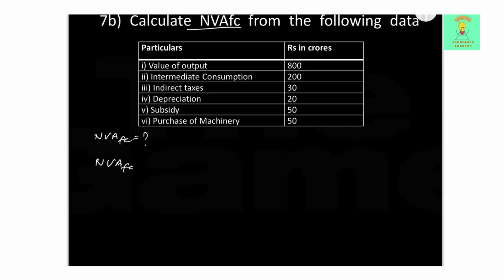NVAFC is equal to value of output minus intermediate consumption, that is 1 minus 2, and it gives us GVAMP, minus depreciation, which is number 4, minus indirect taxes, that is 30, minus subsidy, that is 50.